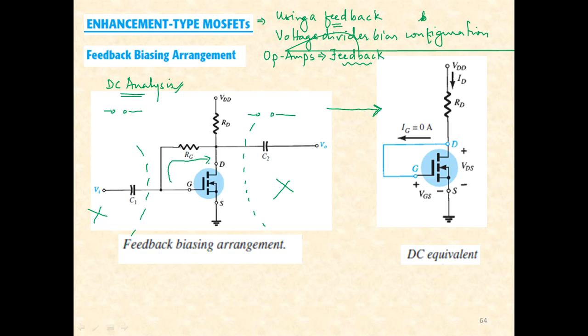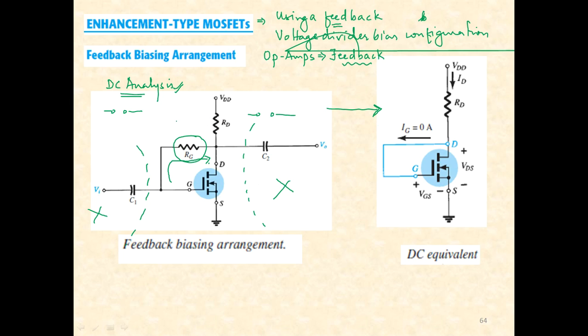One more important point is that the gate resistor has disappeared. It is obviously understood that the reason is that the gate current is always 0.